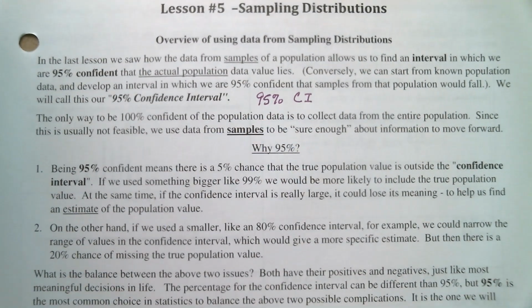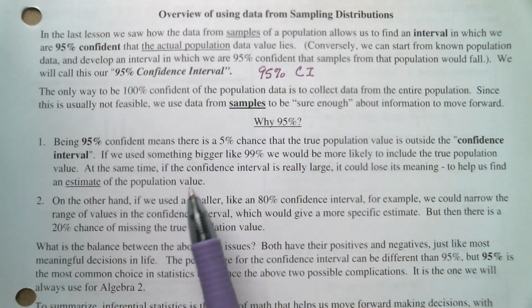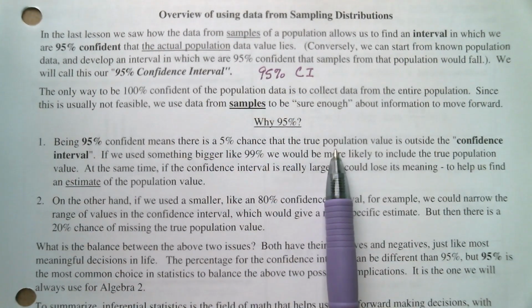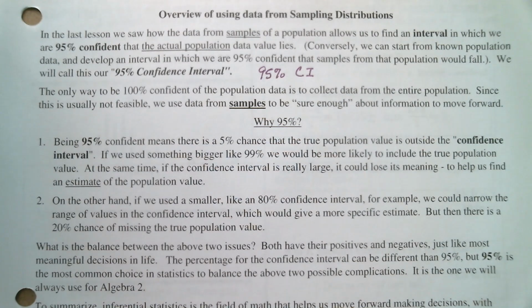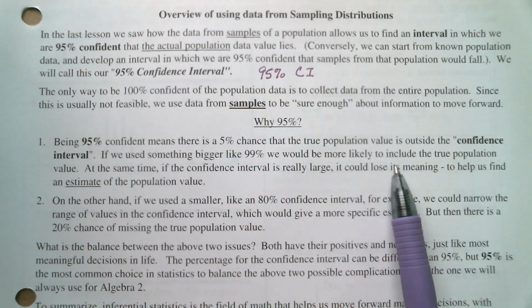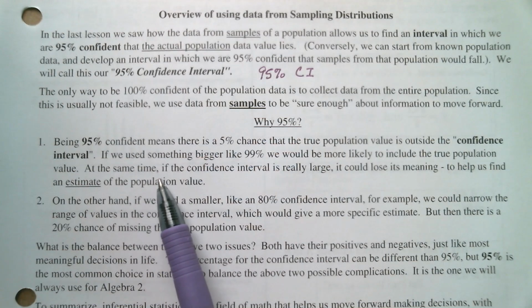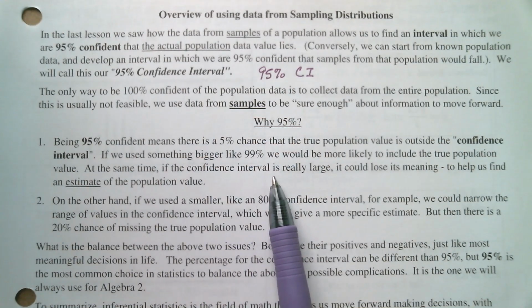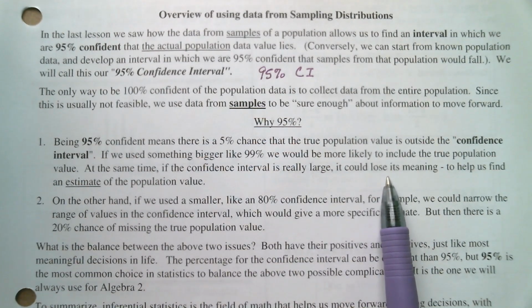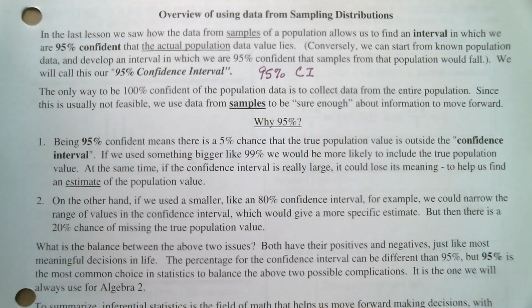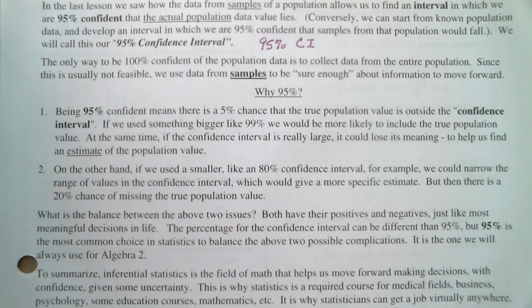Being 95% confident means there's a 5% chance that the true population value is outside the confidence interval. If we used something bigger like 99%, we would be more likely to include the true population value. At the same time, if the confidence interval is really large, it could lose its meaning to help us find an estimate of the population value.